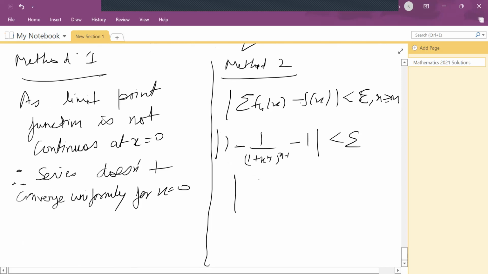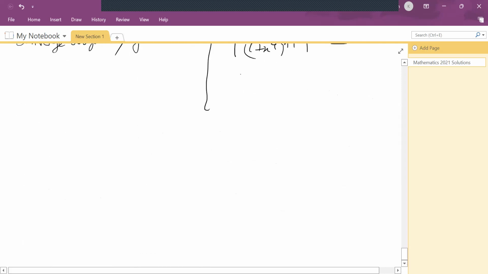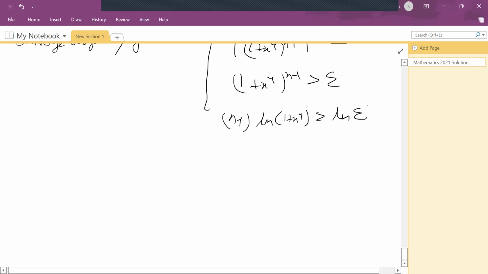Now, this will be |1 upon (1 plus x to the power 4) to the power n minus 1| should be less than epsilon. Now, if I write it, (1 plus x to the power 4) to the power n minus 1 should be greater than epsilon inverse, because I took the inverse, so the inequality sign will change. Now take log: (n minus 1) ln(1 plus x to the power 4) is greater than ln(1/epsilon), because ln is an increasing function, so the inequality will hold even after taking log.